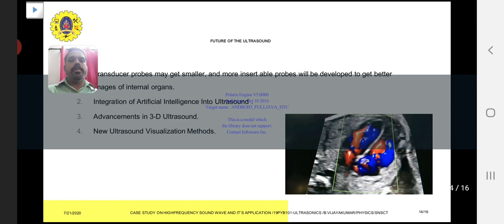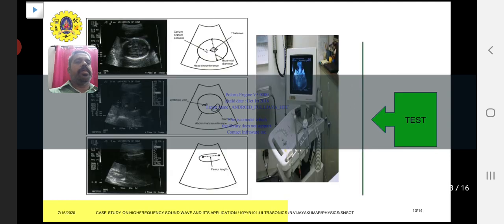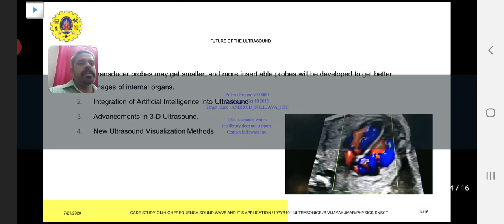The next one is advancement in 3D ultrasounds. The last one is a new ultrasound visualization method. This picture is the fourth point, the new ultrasound visualization method. That means the color changes make it easy to identify the defects and growth of internal organs in our bodies.